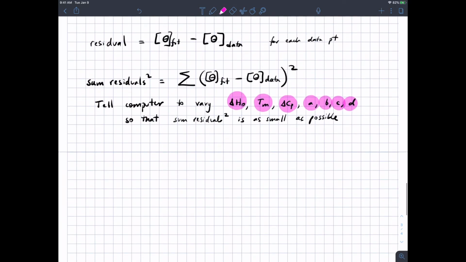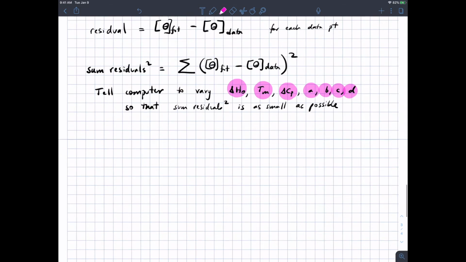And you can use the final sum of the square residuals to evaluate how good your final fit is. So if the sum of the square residuals is as small as possible, that means your fitted molar ellipticities closely approximate your actual data.